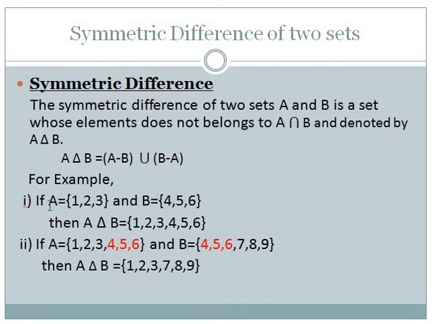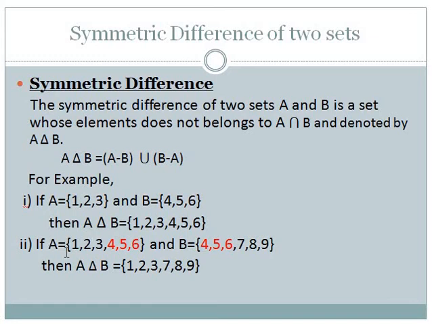For the first example, A is 1, 2, 3 and B is 4, 5, 6. Then the symmetric difference of A and B is all the elements from 1 to 6, because the A minus B set is 1, 2, 3 and the B minus A set is 4, 5, 6. The union of those two sets gives the members of the symmetric difference.